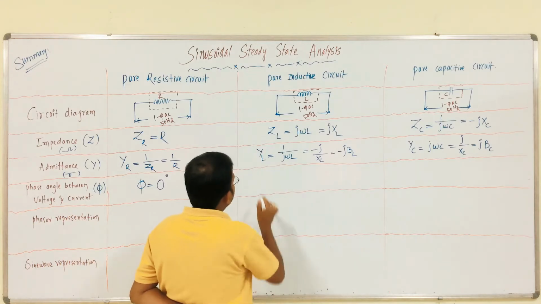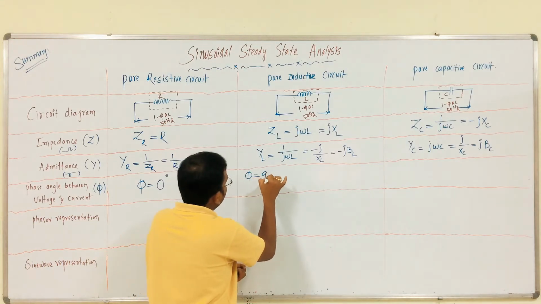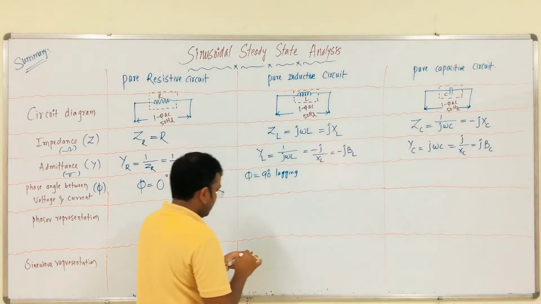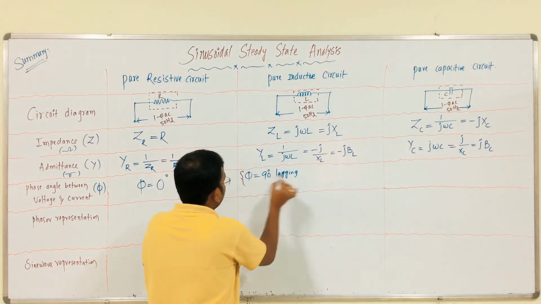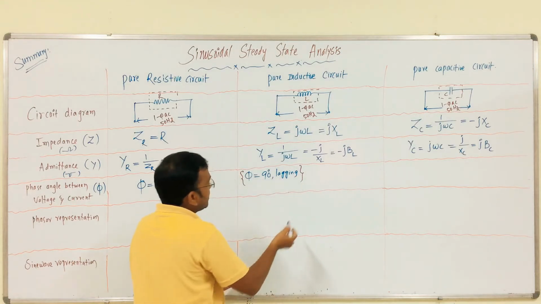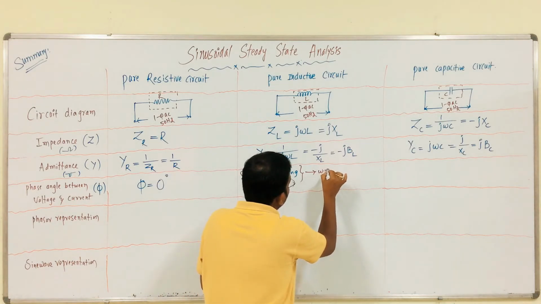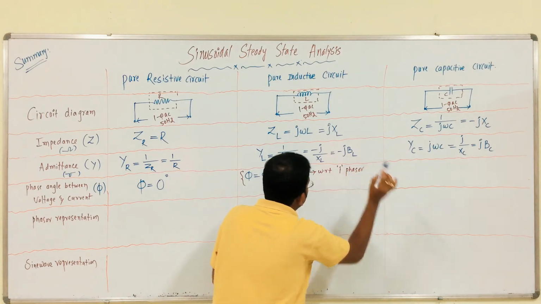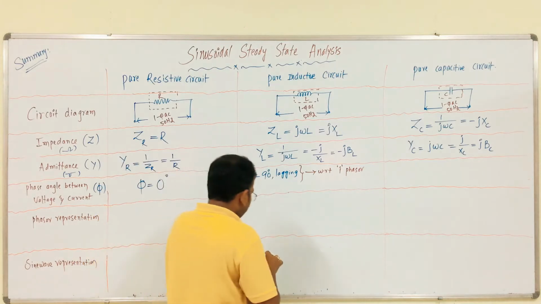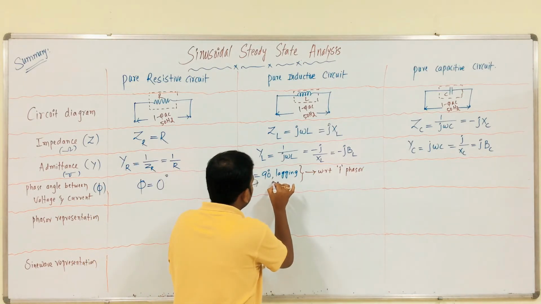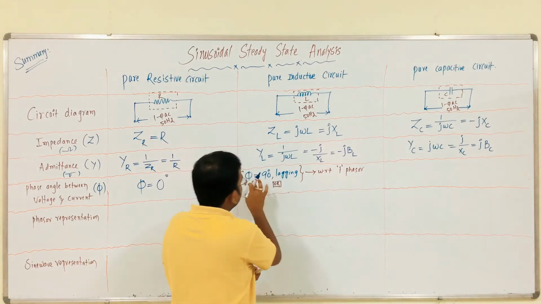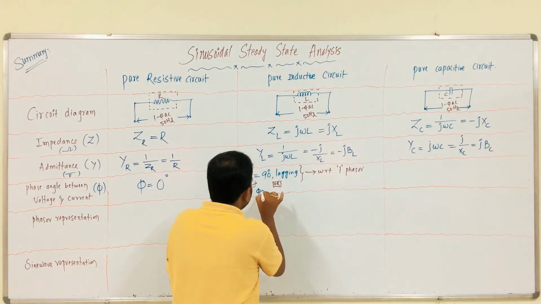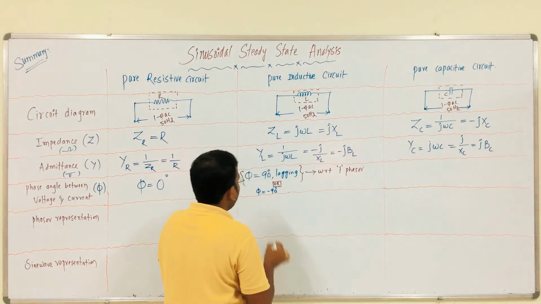For the pure inductive circuit, the phase angle phi is equal to 90 degrees lagging. So, like this you have to say. What is this lagging, sir? With respect to what? Current phasor. Or you can say phi is equal to minus 90 degrees. Like this you have to say.